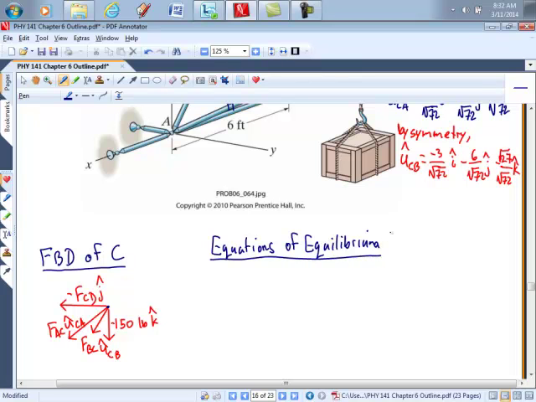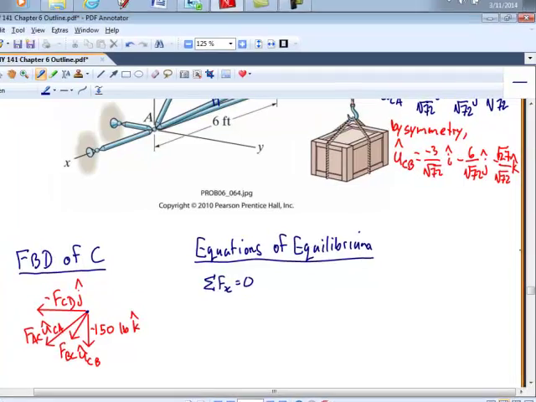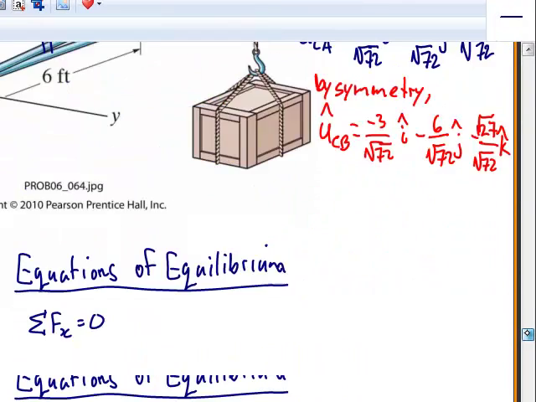So if we start by looking at the forces in the x direction, of the four forces here, I have 150 pounds, which is only in the negative z direction, FCD, which is only in the negative y direction. So it's these two members here that only have x components.